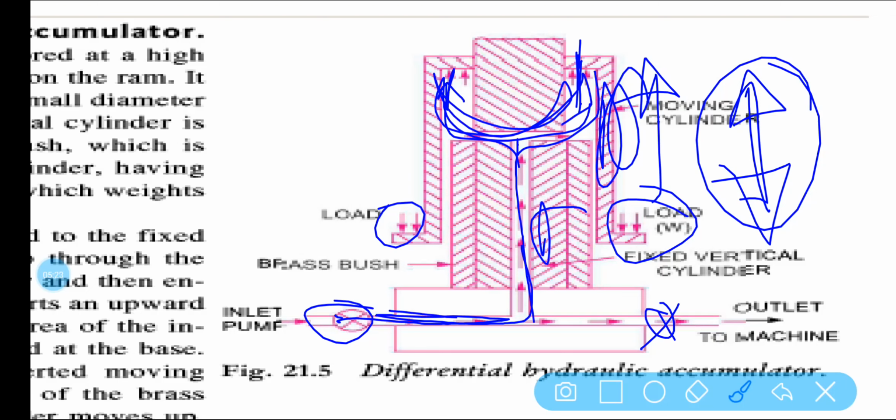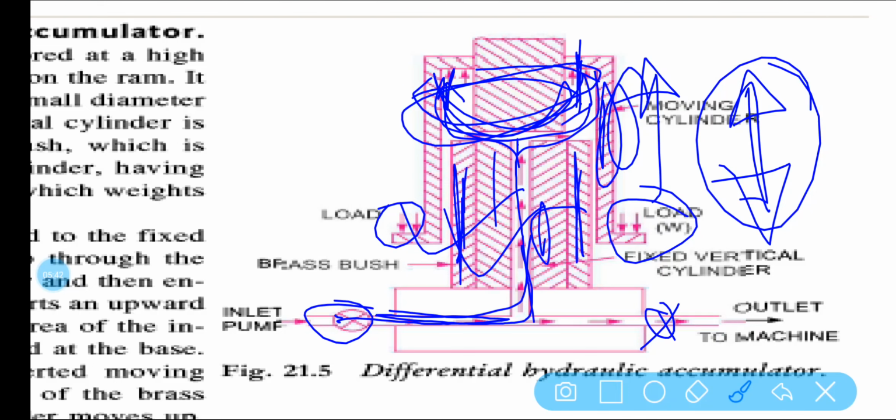Okay, it consists of a fixed vertical cylinder of small diameter as shown in the figure. The fixed vertical cylinder is surrounded by closely fitted brass. This is your closely fitted brass.